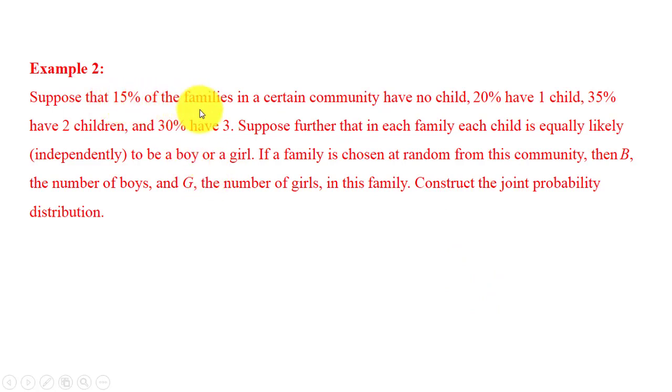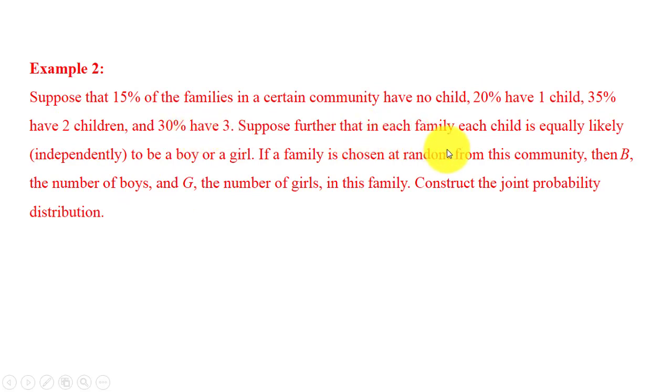Suppose that 15% of the families in a certain community have no child, means that 15% of the families have no children, 20% have only one child, 5% of families have 2 children, 30% of families have 3 children.